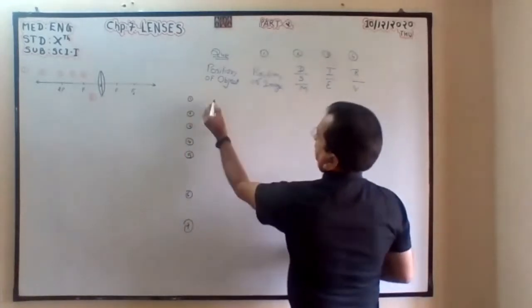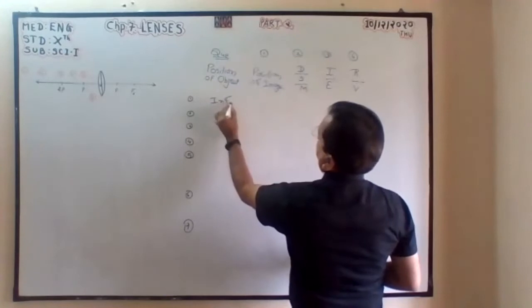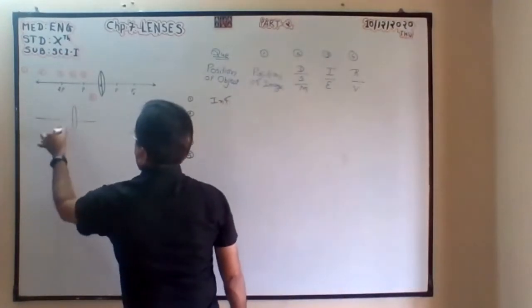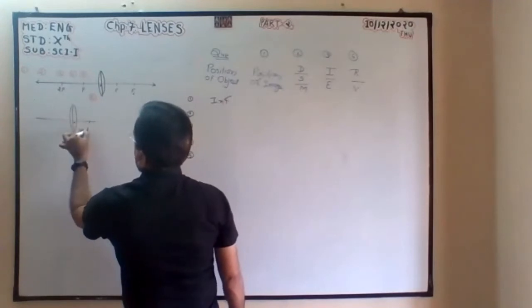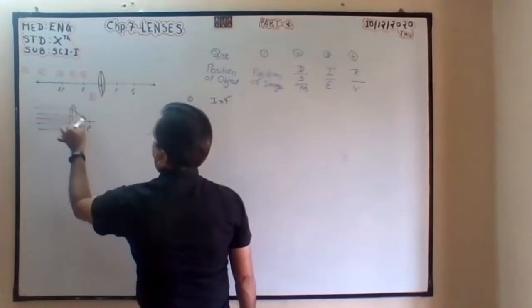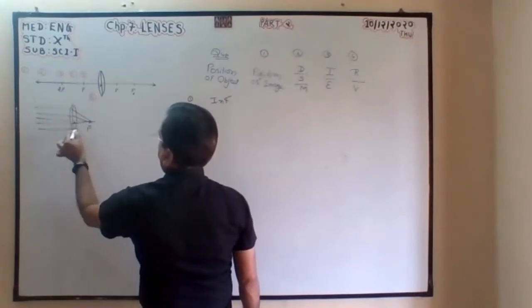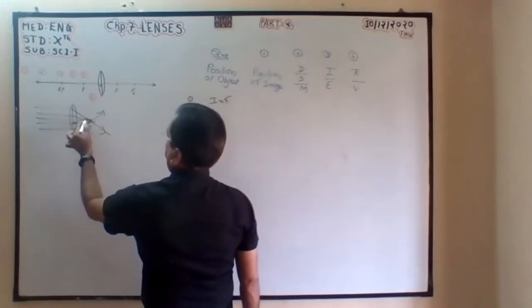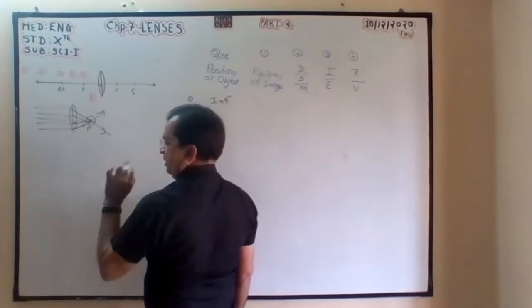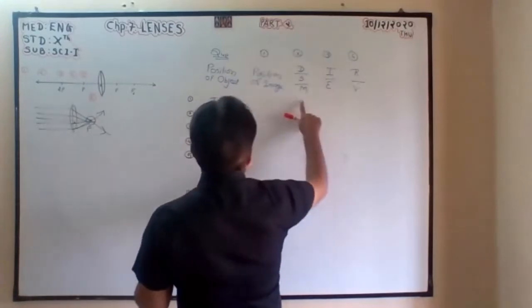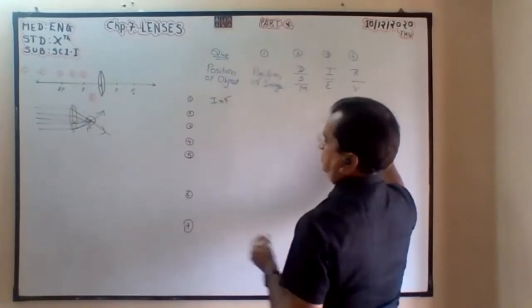First, at infinite: a parallel beam of light, after refraction, meets at a point. So it is diminished, inverted, and real, at F.